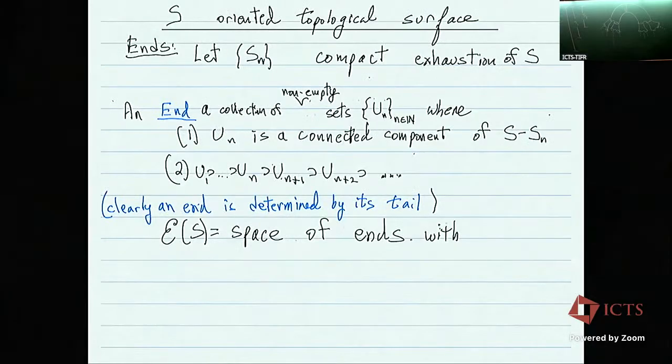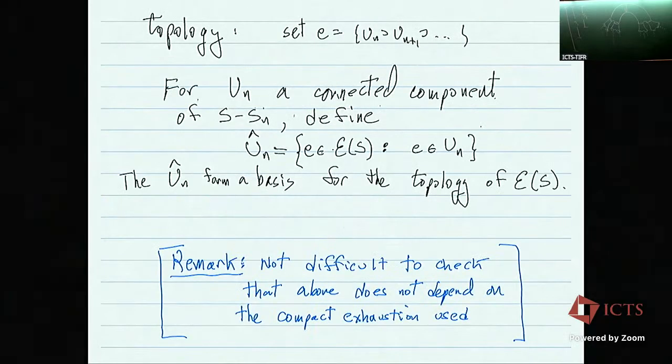Usually I denote it E of S. There's a topology on the space of ends. Here's a basis for it. So here's how you do it. I'll give you a minute to read what's up there first.